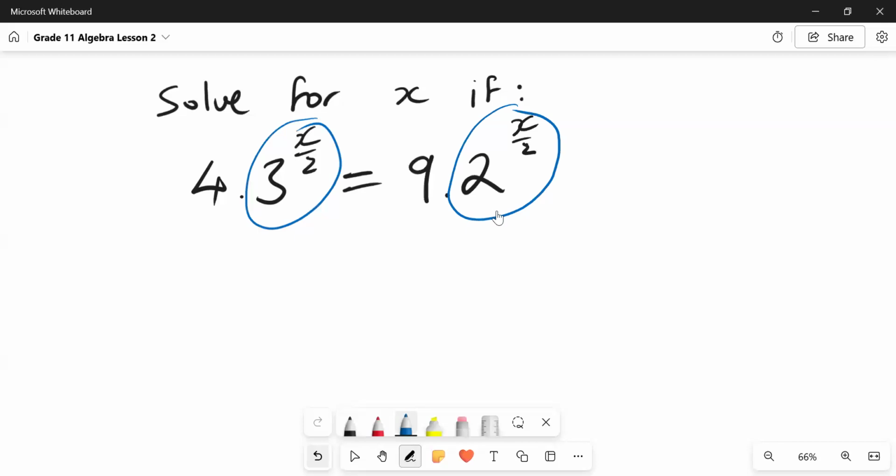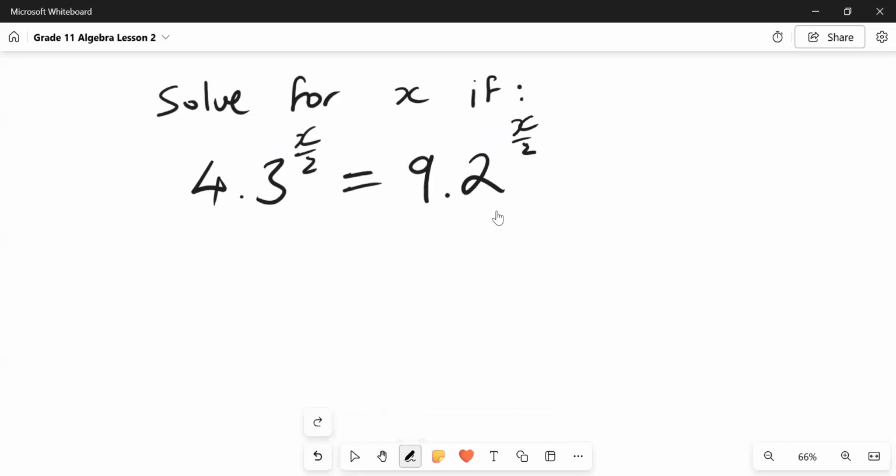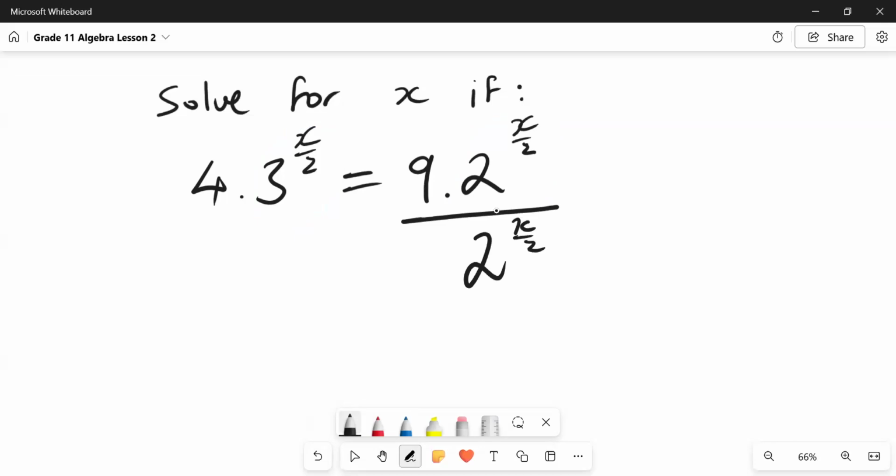So what do I mean by that? You can only do that not by transposing, but by dividing. So I'll divide by 2 to the power x over 2, both sides. Same time, I'm dividing with 4, again, both sides.